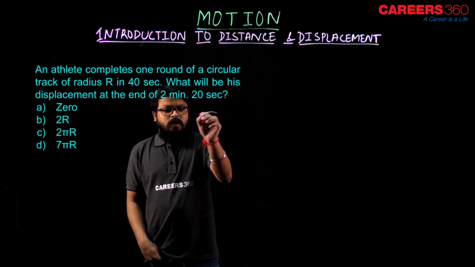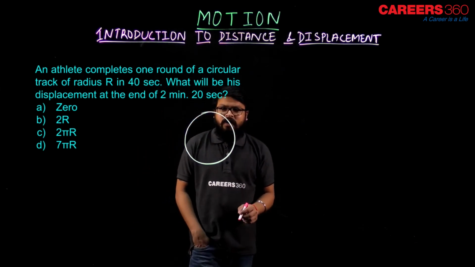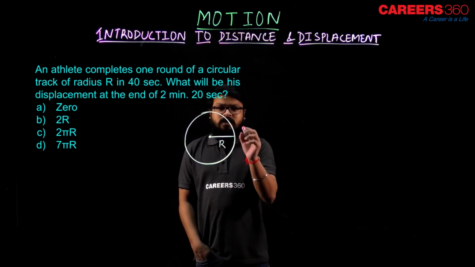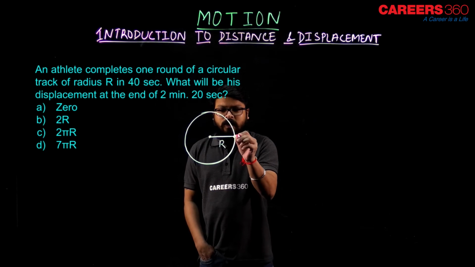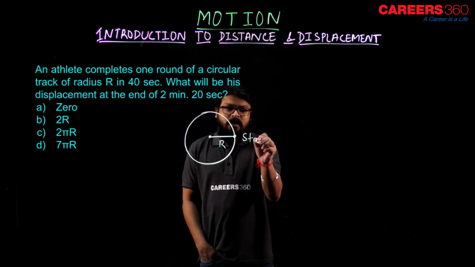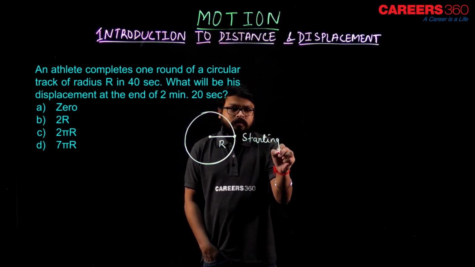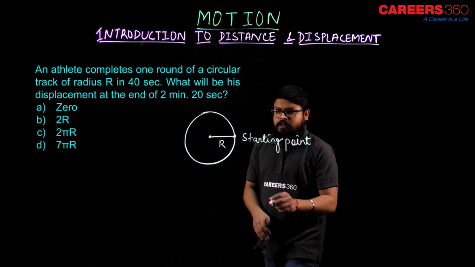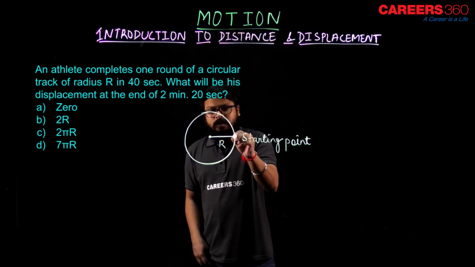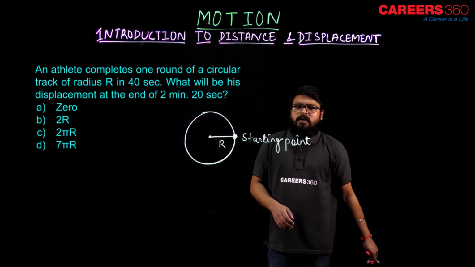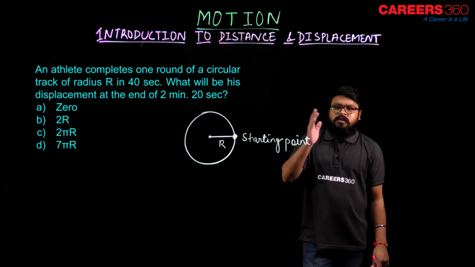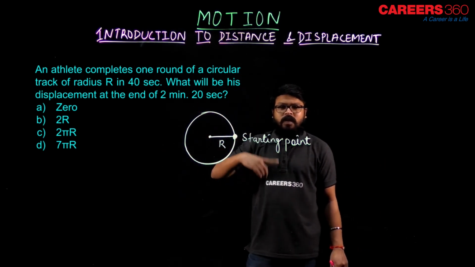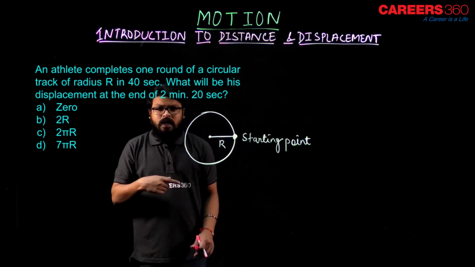Suppose this is the circular track of radius r, and let us assume that this is the starting point. Now, an athlete completes one round of circular track of radius r in 40 seconds. So, in 40 seconds he completes one circular track.